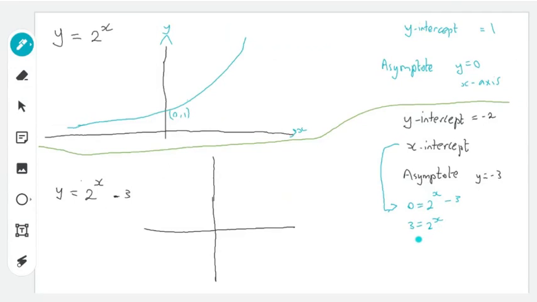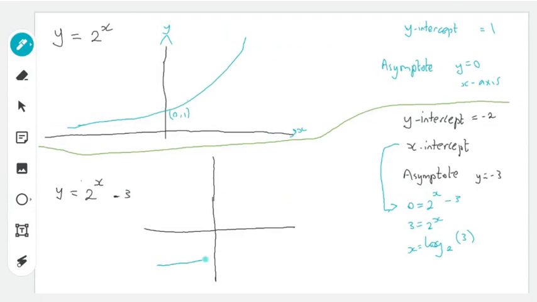And after I did log 2, 3, I got 1.58. Okay, so just to say it properly, it's log to the base 2 of 3.